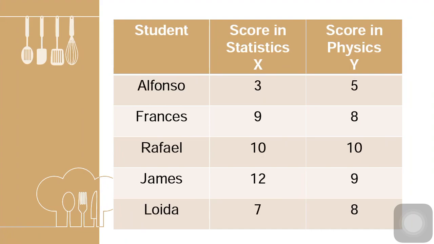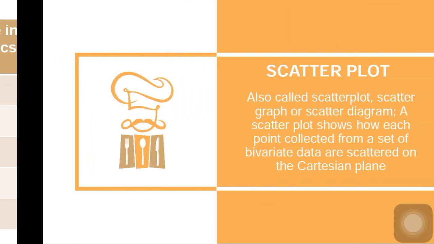The second column reflects the score in statistics, or X. The third column reflects the score in physics, or the Y. If we check the relationship between the scores in statistics and the scores in physics, we call that method correlation analysis.